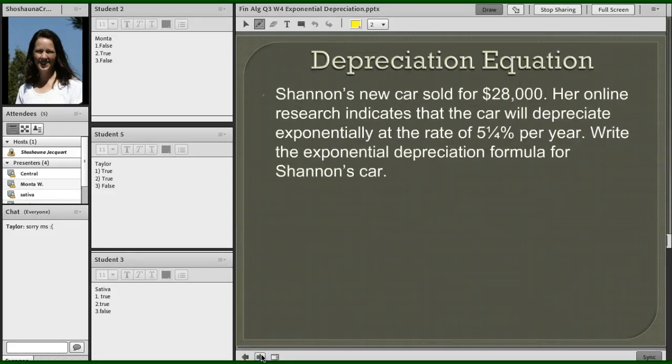Okay, you ready? So let's look at our story problem. Shannon's new car sold for $28,000. Her online research indicates that her car will depreciate exponentially at the rate of 5.25% per year. Write the exponential depreciation formula for Shannon's car. Okay, so what do you guys think? Remember, y equals a, parentheses, 1 minus r, to the t power.